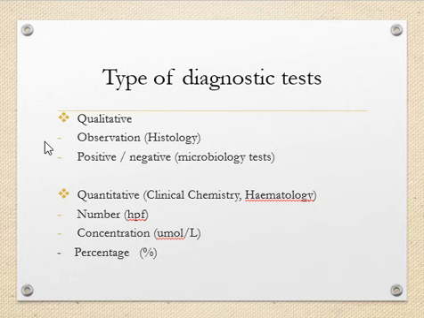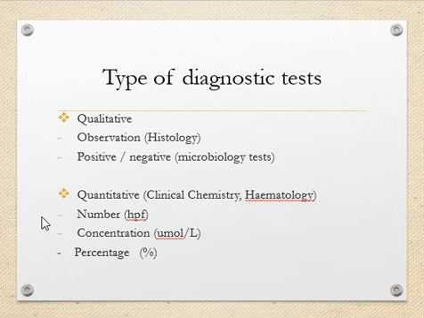The result could also be positive or negative, like in microbiology tests. For this kind of test, the quality management may be easy. However, test operation is tedious and needs to be done in a strict manner because there are various external factors that can influence the result. Remember, most qualitative tests are done manually.